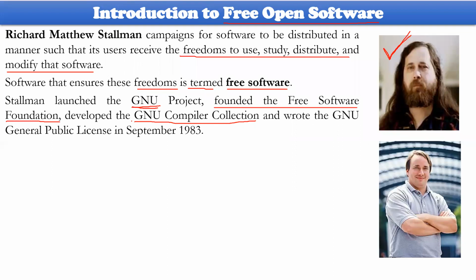During the collection of these compilers, he also gave some postulates, in the sense rules and regulations, on how free open source software will be distributed among many people. If you are going to download anything, you must take care of the general public license. This is called the GPL, General Public License, which was done by him in September 1983.